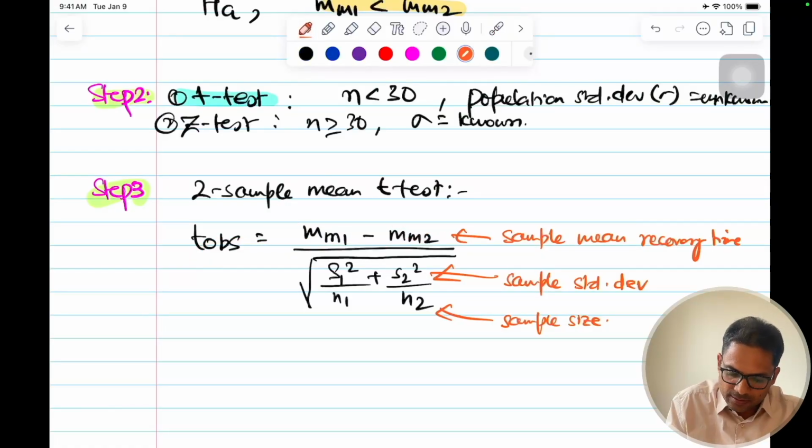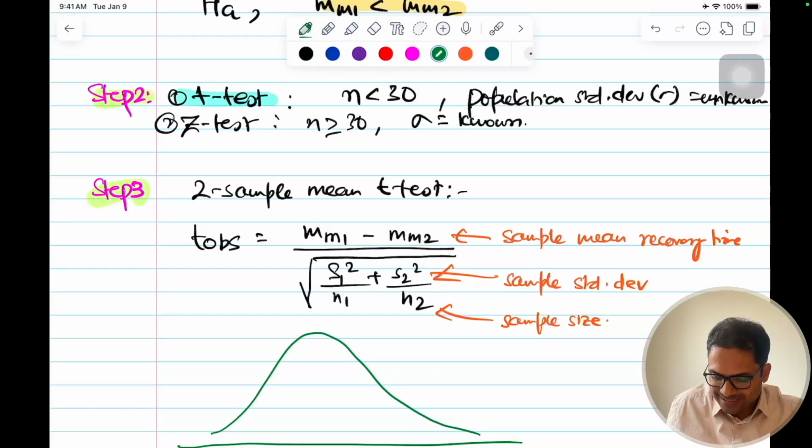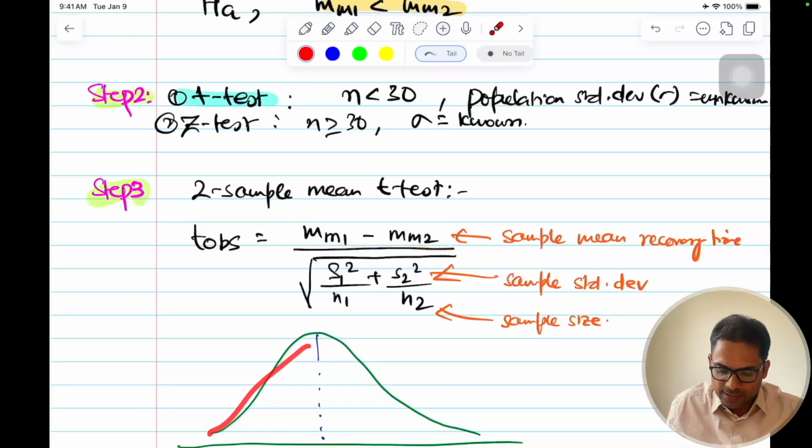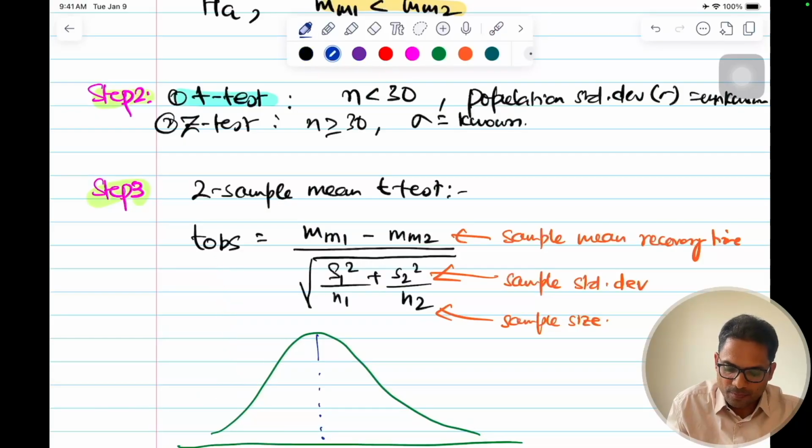For example, assume this is the distribution of t observed, the distribution of this test statistic. Even the t distribution is symmetrical, but its tail is a bit different. This is the PDF of the t distribution.